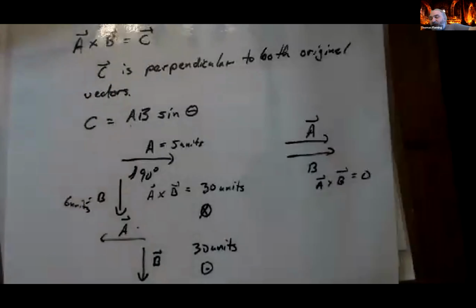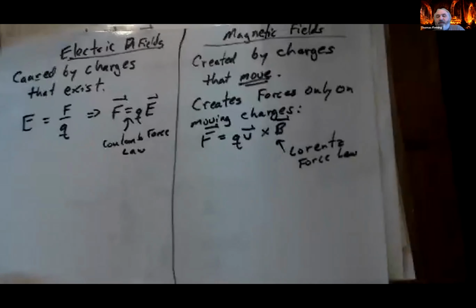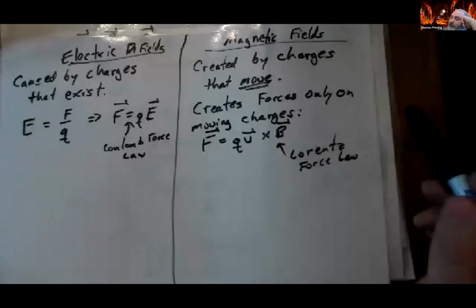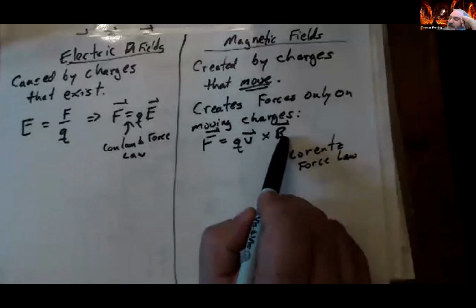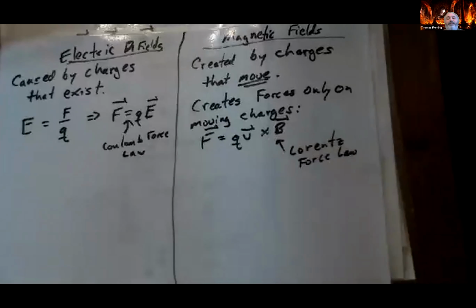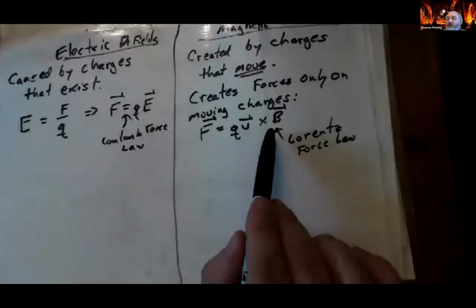So that little aside is going to help us because it means that magnetic fields will always generate a force perpendicular to the magnetic field and also perpendicular to the velocity at all times. That's going to make life interesting, to say the least. Notice if V and B are in the same direction, no force.